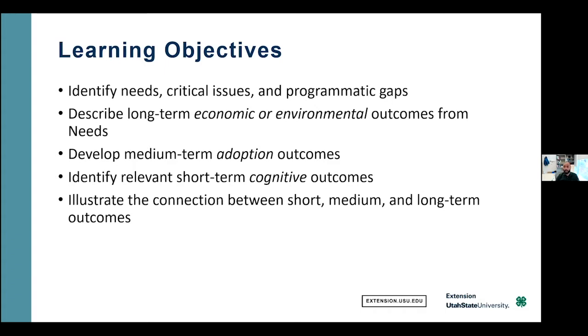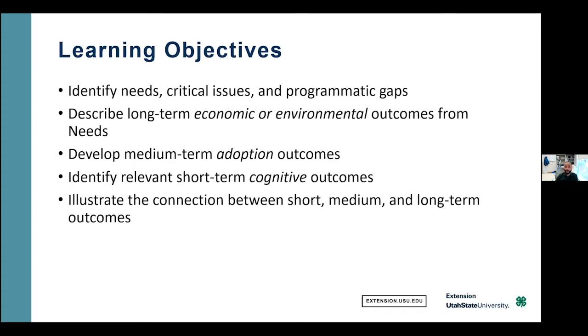And then at the end, I'll make that connection between short, medium, and long-term outcomes. And I'll go a step further and connect that to needs, critical issues, and solutions. So this is going to start at a very broad level where we're going to talk about the idea of critical issues, and then we'll work our way backwards. You'd realize that in a logic model or any sort of program planning and evaluation, we always work backwards.